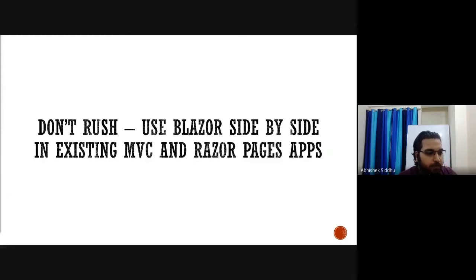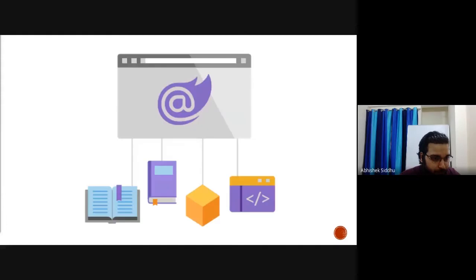Although Blazor has been in development for around 3 years now, Blazor server-side was made production ready last September, and the WebAssembly one was made production ready last month in May. So it is still something which has not been battle tested, so it might not be something which you would like to jump into right away.